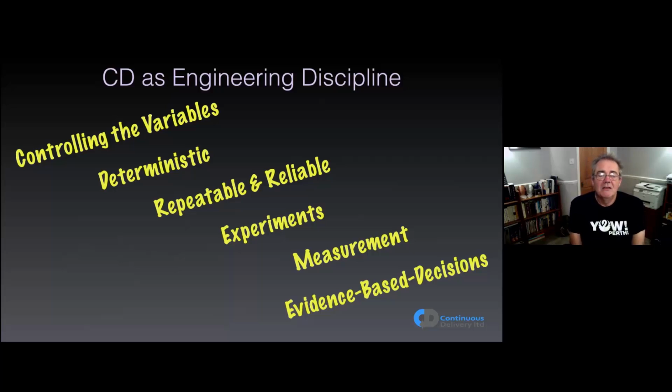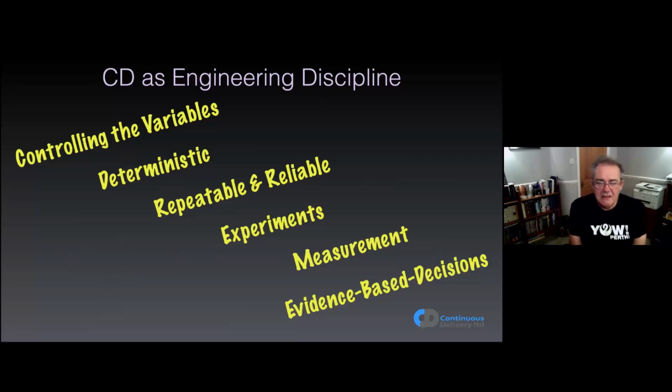We need to do stuff to minimize the variance. We want to make our systems and our processes more deterministic. If we run the same test every time we run it, we want the same results. If we deploy our software into production, every time we do that, we get the same results.